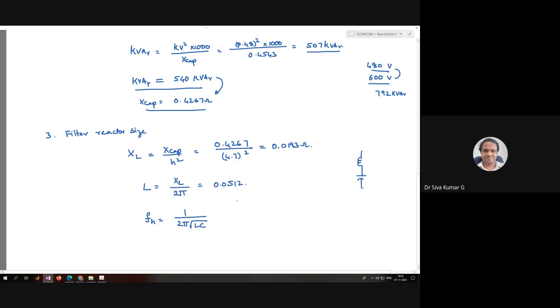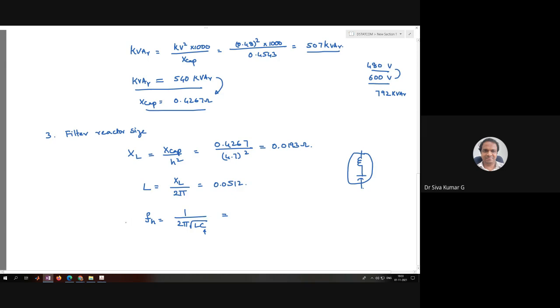We know the L value and we can find out the capacitance value. You can just verify it: what is the resonant frequency with respect to the passive filter combination? It has to come out, so verify it.